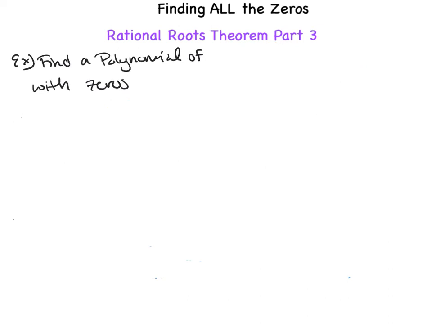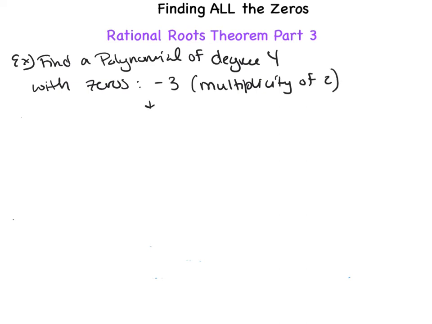There we go. Let's find a polynomial of, let's say this time we have degree 4 with zeros x equals negative 3. I'm going to tell you that negative 3 has a multiplicity of 2, and x equals 5i is another zero.